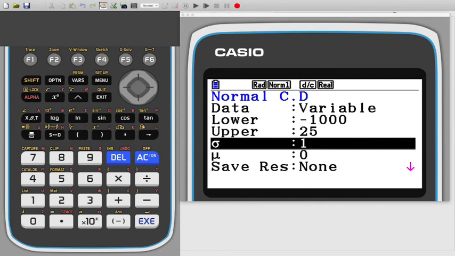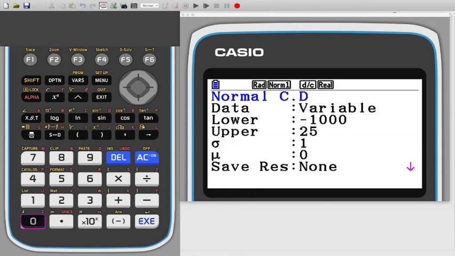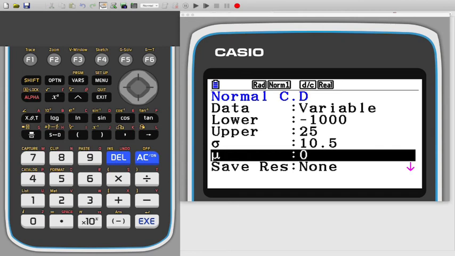The standard deviation to be 10.5, and the mean to be 30.5.